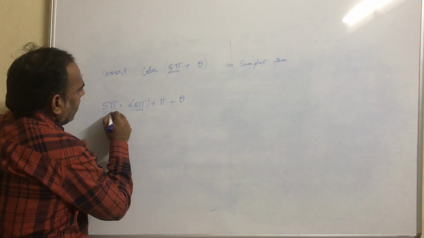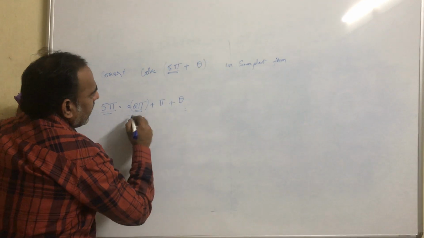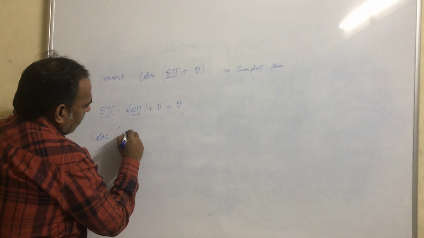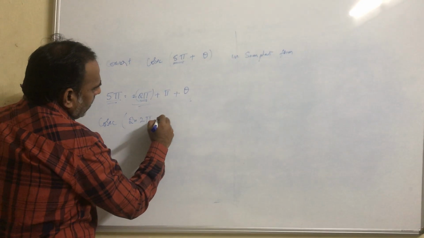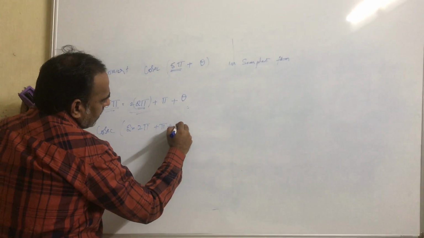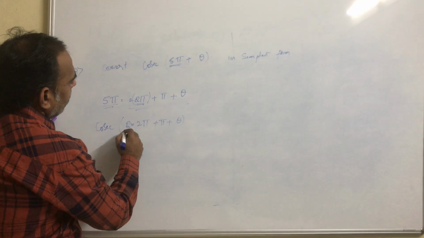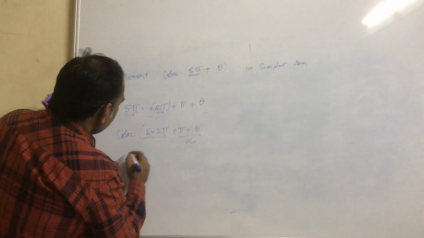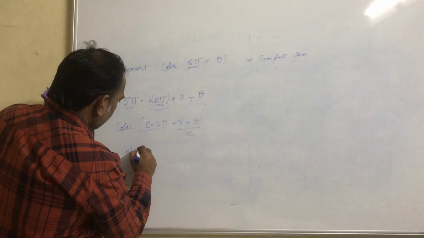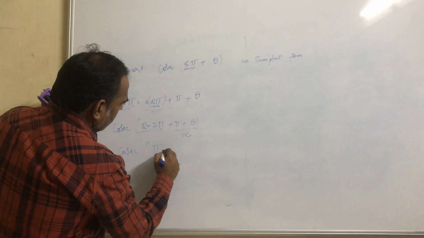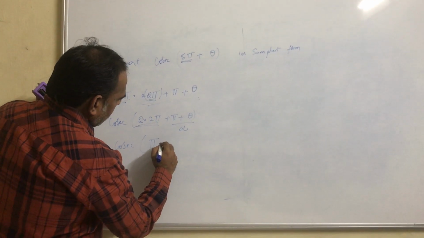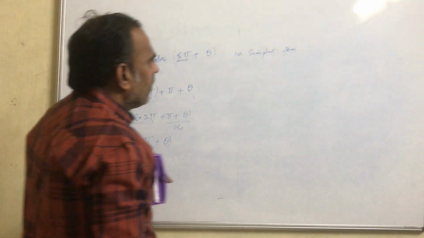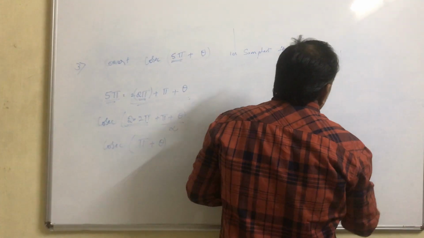So instead of 5 pi, if we write this, we get cosecant of 2 into 2 pi plus pi plus theta. If we make two rotations, and consider this as alpha, this can be written as cosecant of pi plus theta.